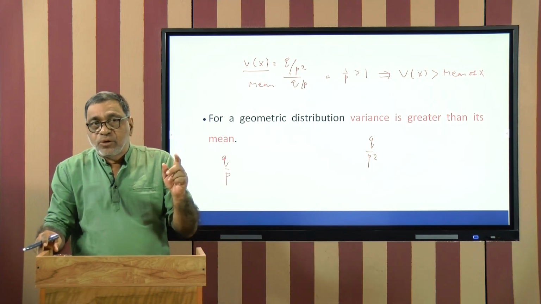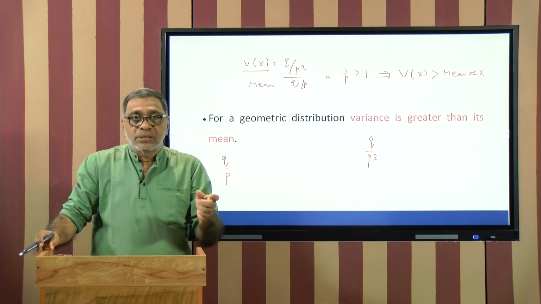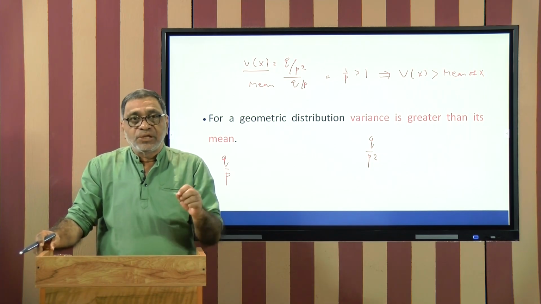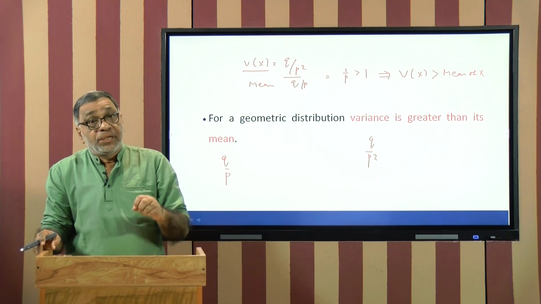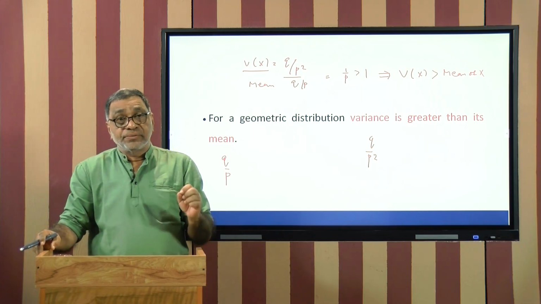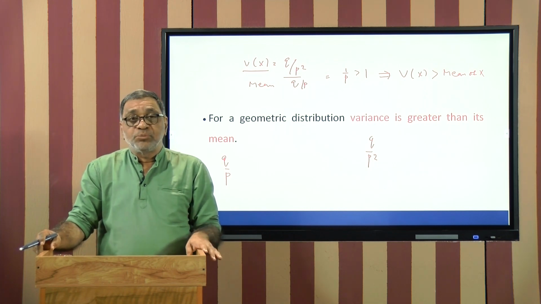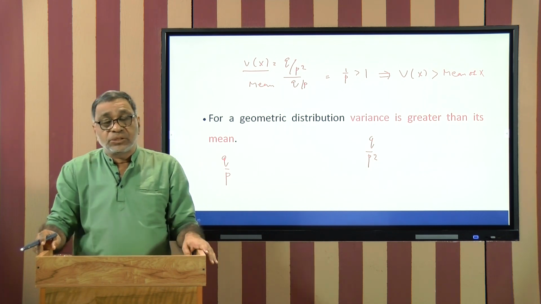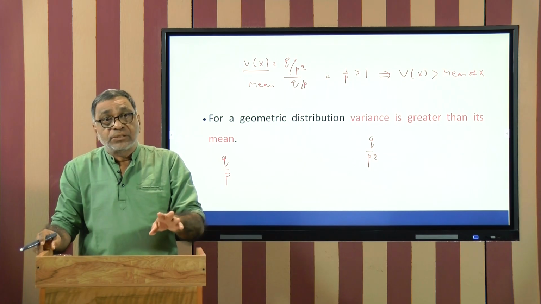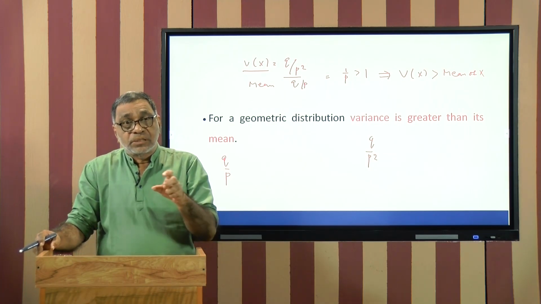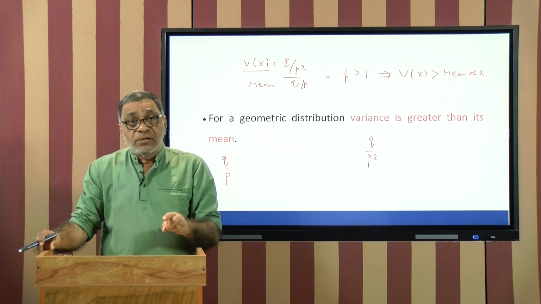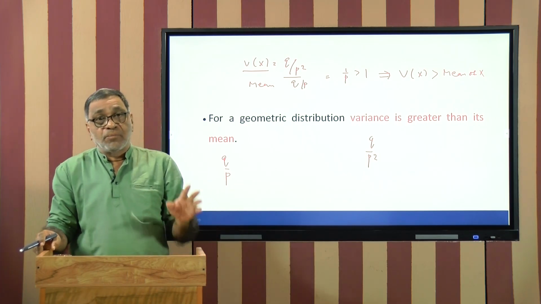In the case of the binomial distribution, in the initial stage we discussed its mean and variance, where the mean is larger than the variance. In the case of the Poisson distribution, we obtained the mean and variance, and they are equal. But this is a model where the variance is greater than the mean.